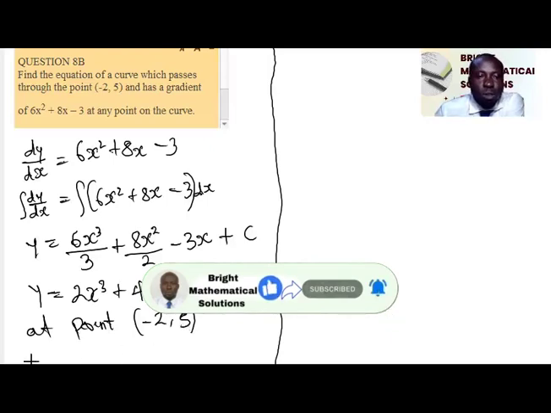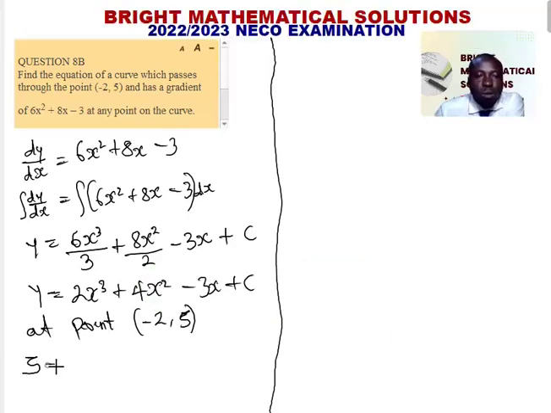So let us substitute. So 5 equals 2(-2)³ + 4(-2)² - 3(-2) + c.